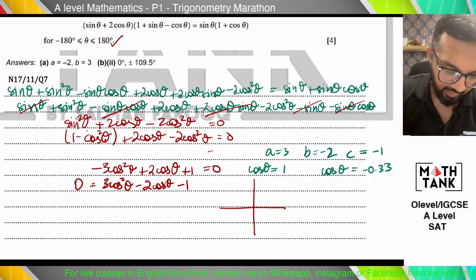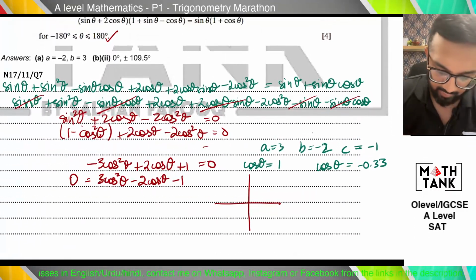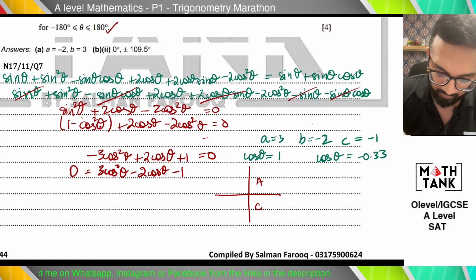Okay, there's a bit of a negative cycle and a bit of a positive cycle. Where is cos positive in A and C? So I'm going to calculate quadrant 1.